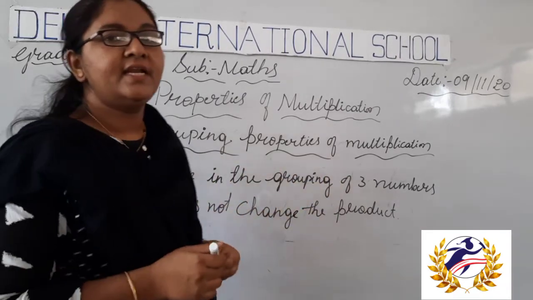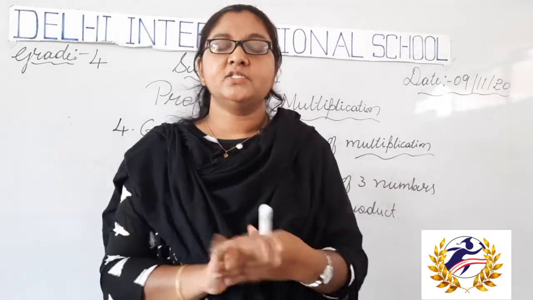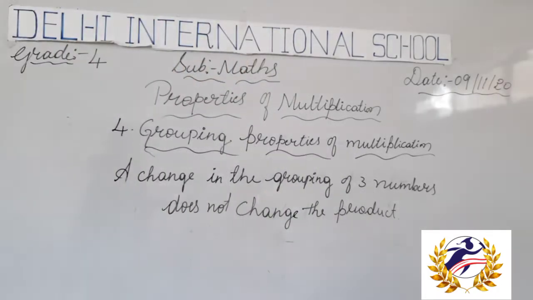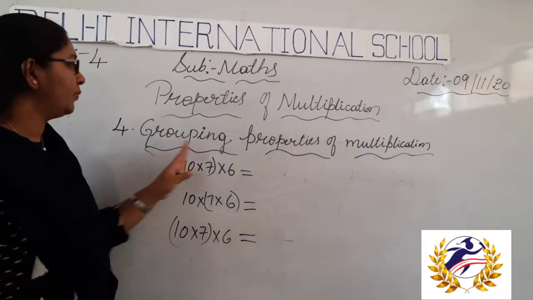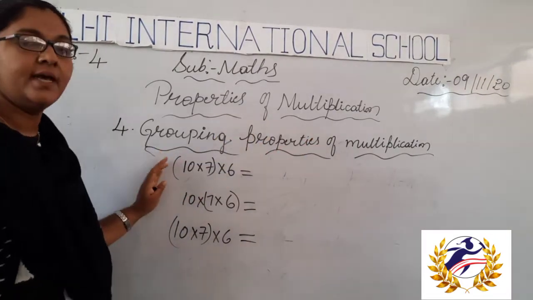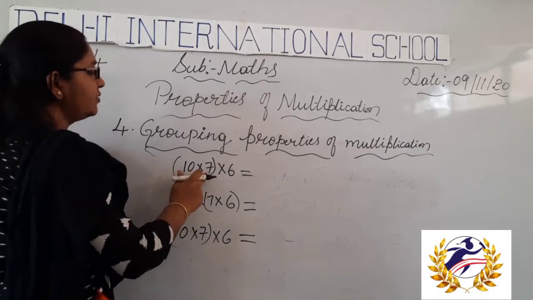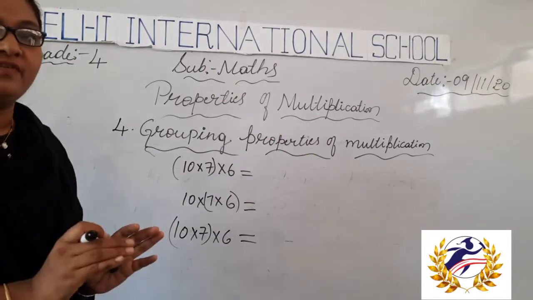If there are three numbers and we group them differently, the product does not change. So let us take an example. The given numbers are 10 into 7 into 6. If we group the numbers, the product will still be the same.